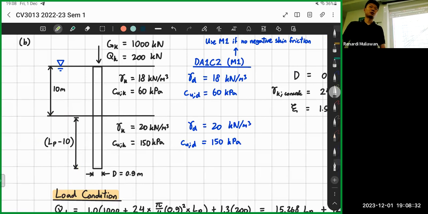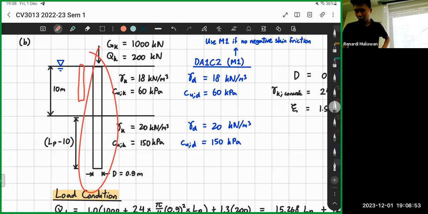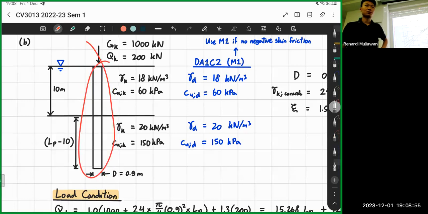We assume that it goes into the second layer. So that's our initial guess: the pile is very long, so it penetrates the second layer. Can there be a case like this? The answer is yes. But we assume the longer case first.